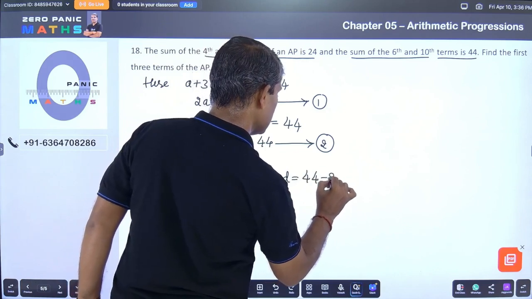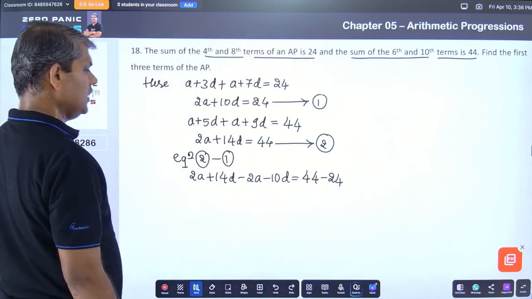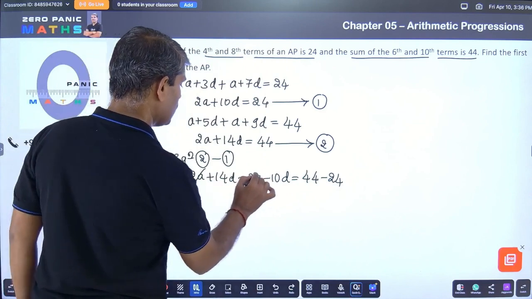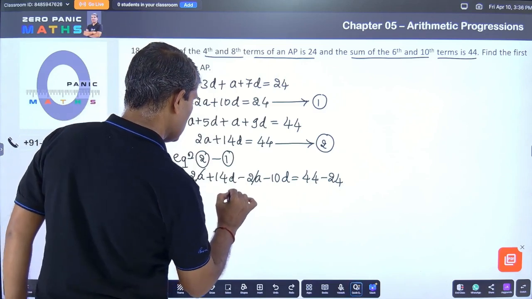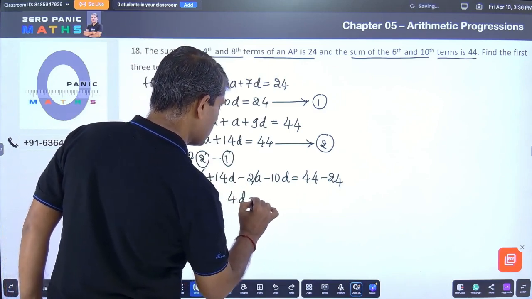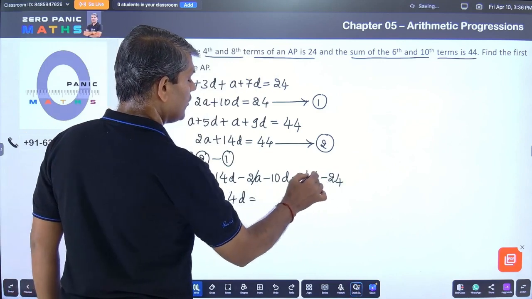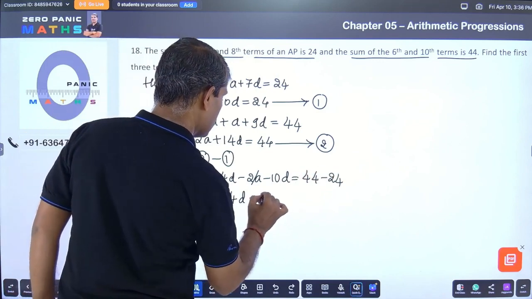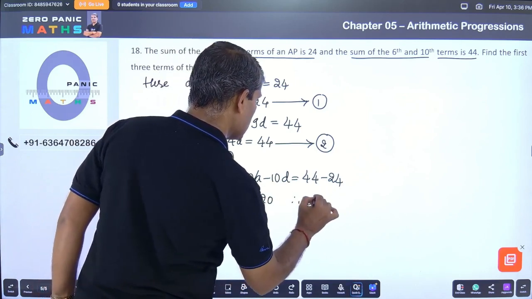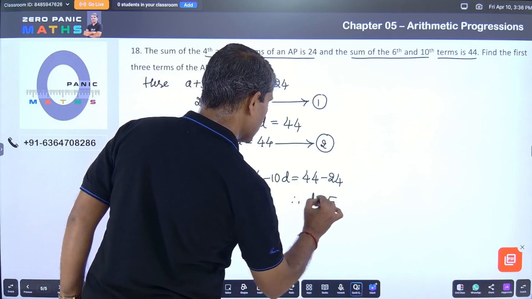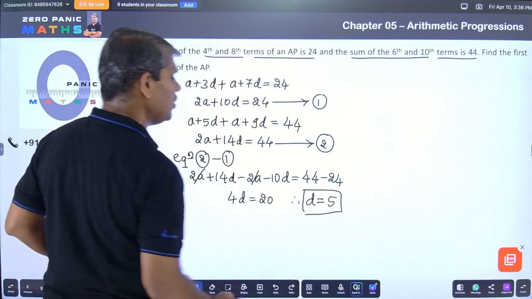Right? 2A got cancelled. 14D minus 10D, which is 4D, is equal to 44 minus 24, which is 20. So D is equal to 20 by 4, which is 5. So D is equal to 5.